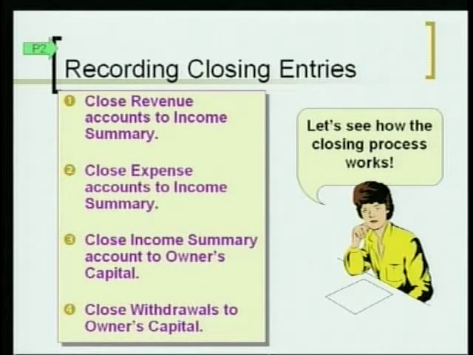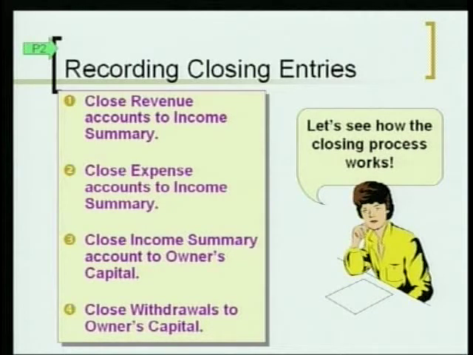The first closing entry is to close the revenue accounts to income summary. The second closing entry is to close the expense accounts to income summary. The third closing entry is to close the income summary account to owner's capital. And then the fourth step is to close withdrawals to owner's capital. Okay?